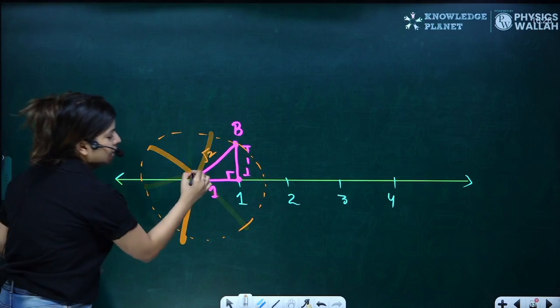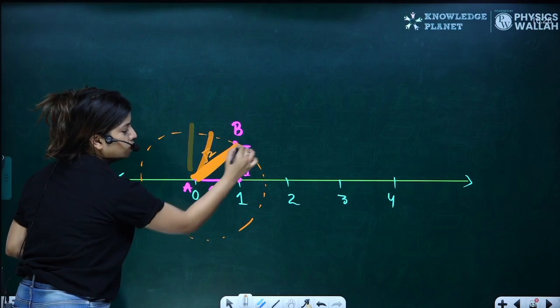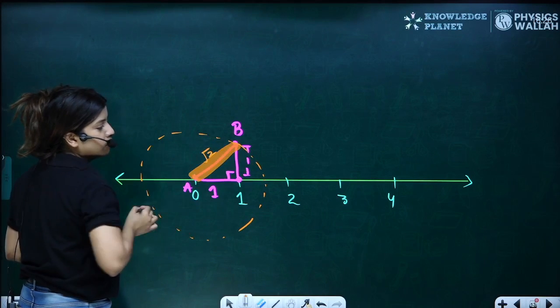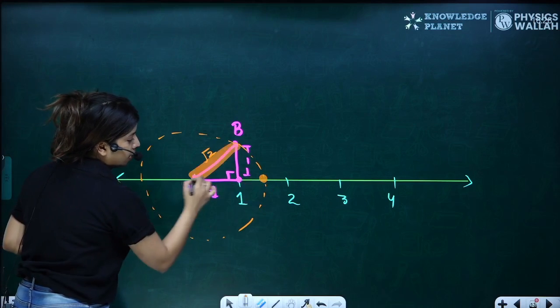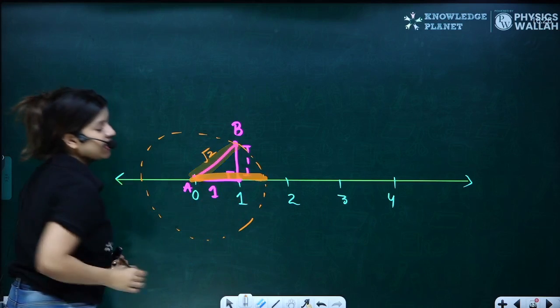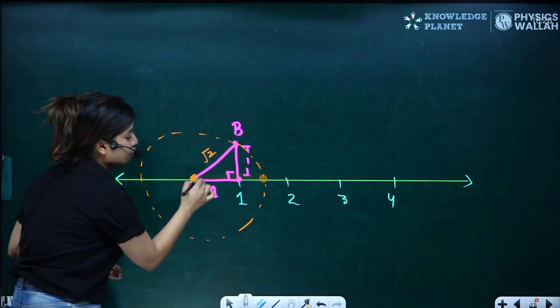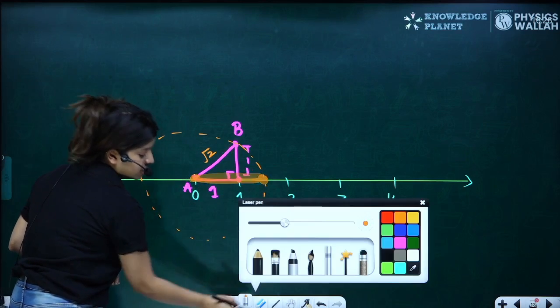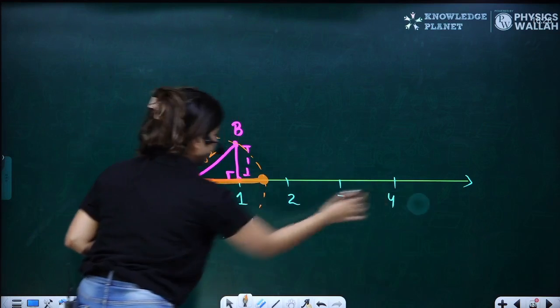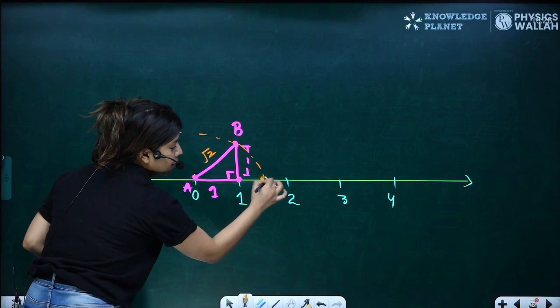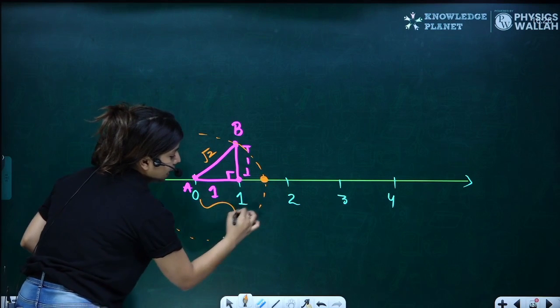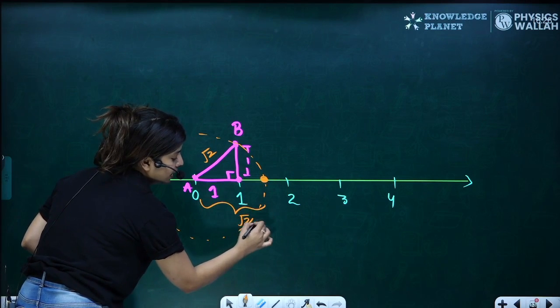That means if this particular line was root 2, and at this point the line is intersecting the number line, then from A to this point of the circle will form my root 2 centimeters.